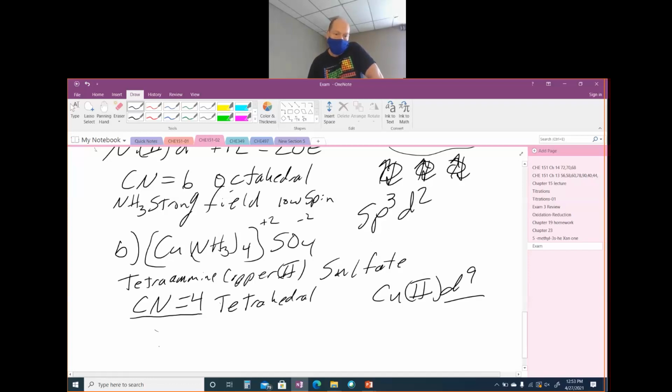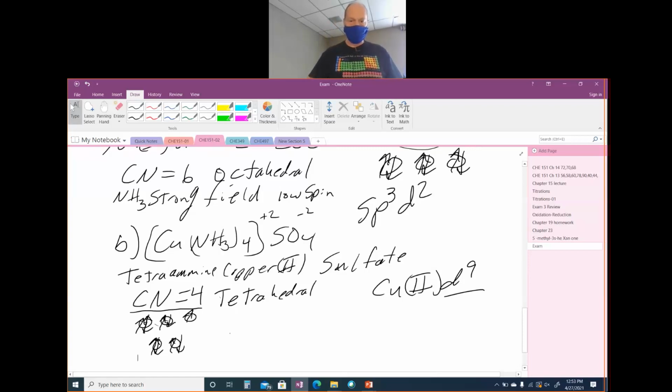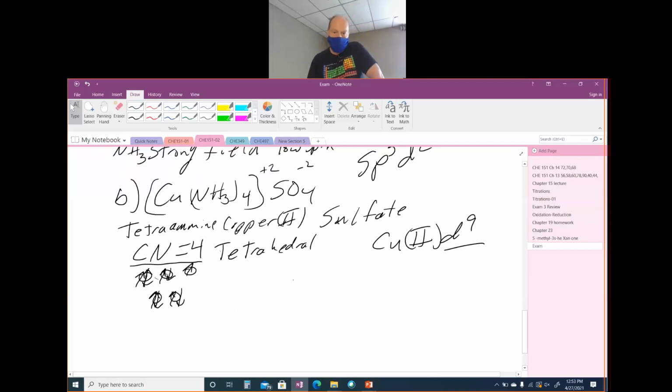And then if you're putting in the electrons, you have the reverse of your octahedral. You have 2 on the bottom and 3 on top. Every tetrahedral is a high spin. And so you have your 9 D electrons that go in. And your hybridization for tetrahedral is sp3.